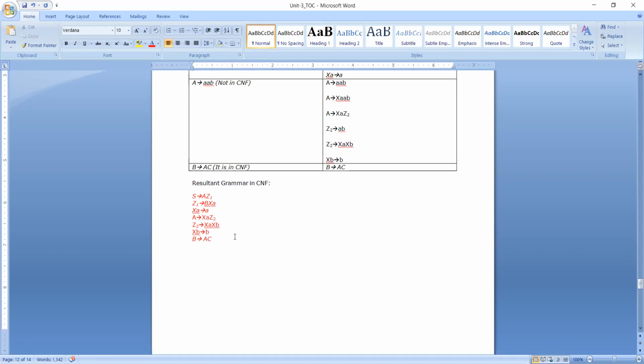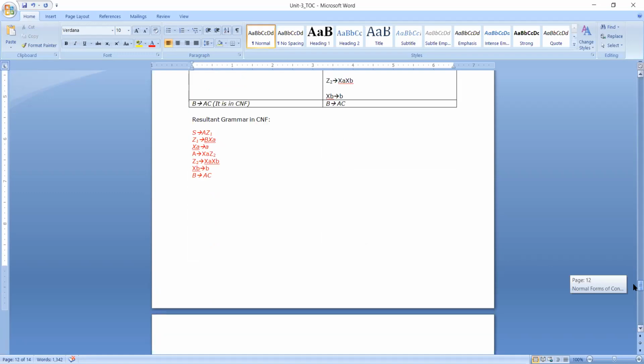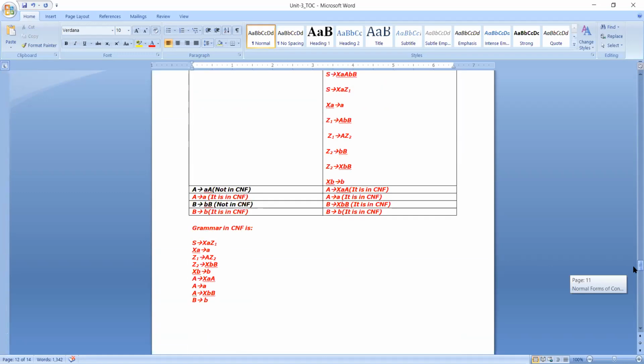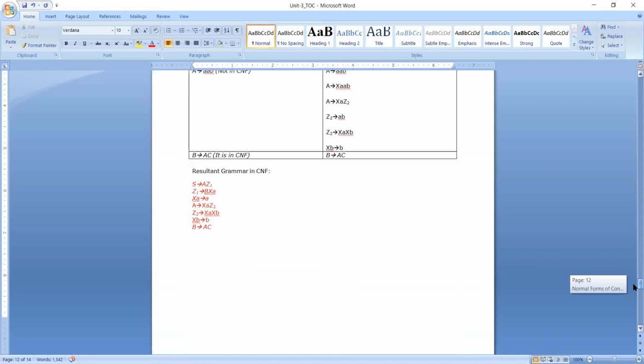Understand? So like this, we convert our given grammar into the corresponding Chomsky normal form. In today's class, I have taken a very simple example and done the conversion from the given input grammar to Chomsky normal form.